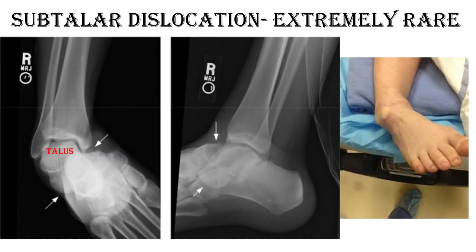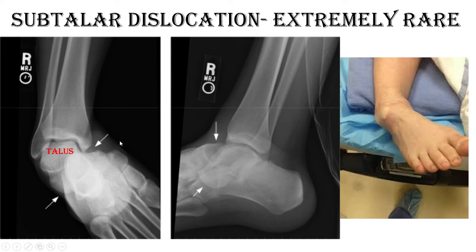Now, a special type of subluxation or dislocation around the joint is subtalar dislocation. It is extremely rare. In my orthopedic career of 15 years, I have seen only one case, during my house staffship.